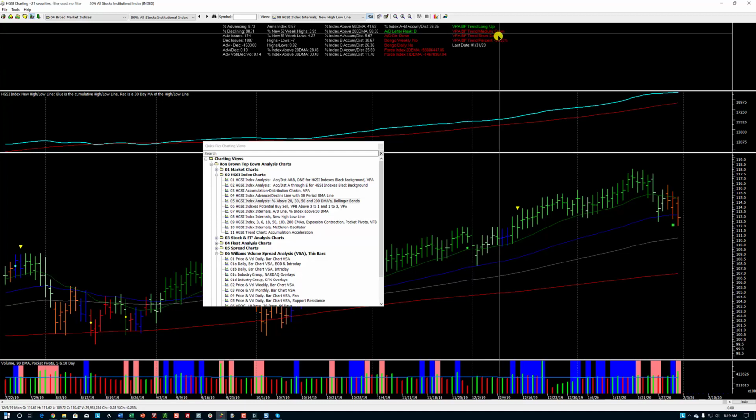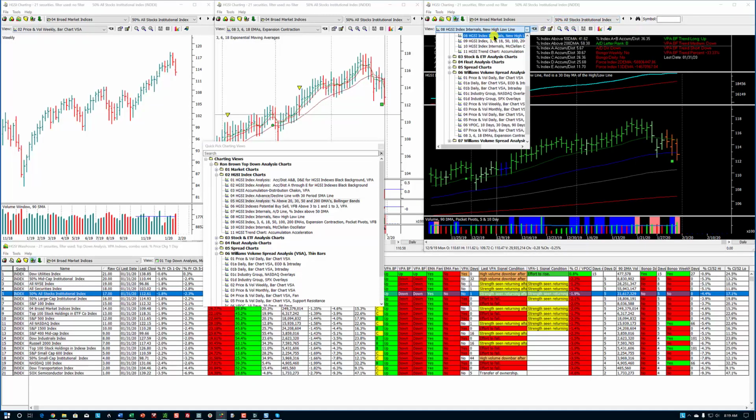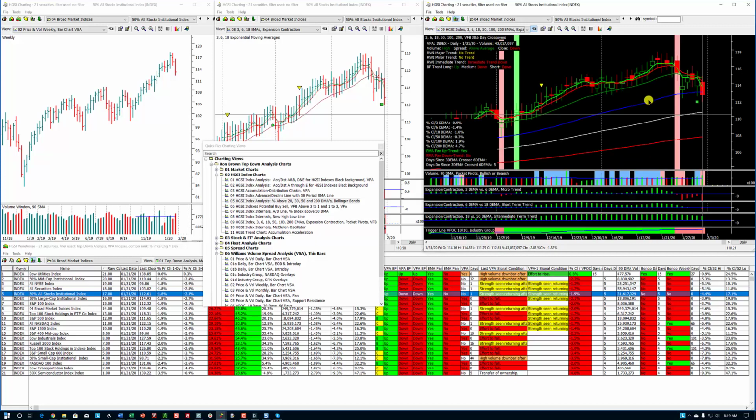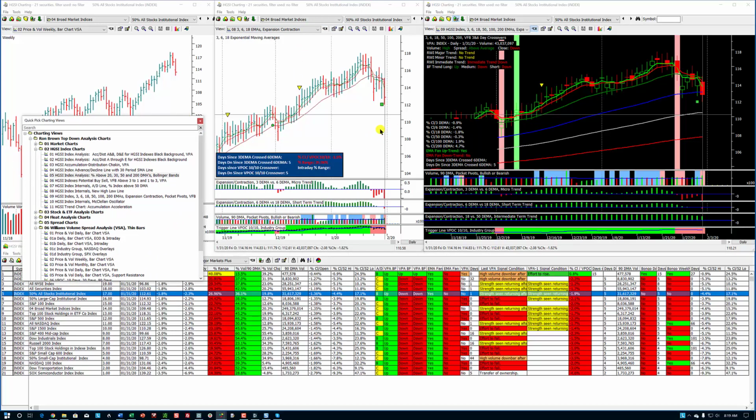Now this next chart shows you when there is a 3 and 6 day crossover to the downside. And let's see, what day was that? The 24th. And this is the 24th here.